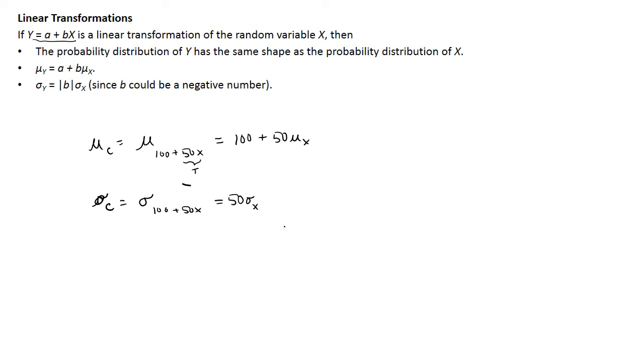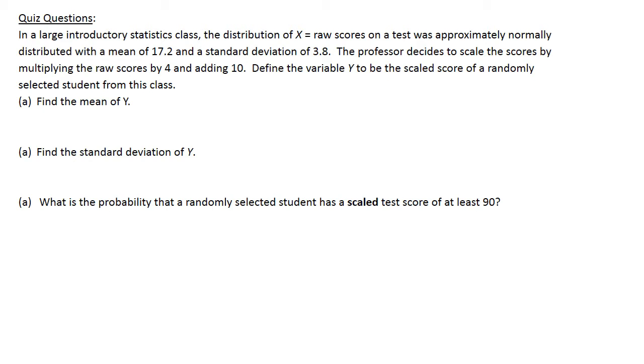All right, just a moment to talk about your quiz question, which I put on here. I'm not going to work it out, obviously. But the examples that we have just done were discrete random variables. And this question is about a continuous random variable. But all the same rules apply.